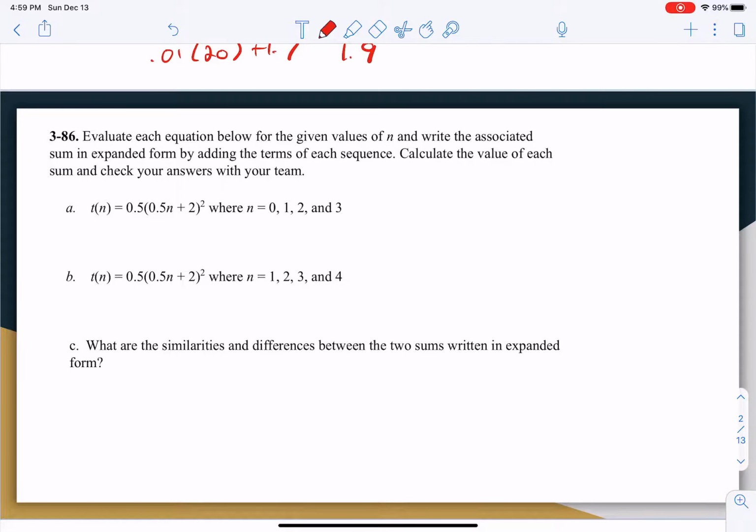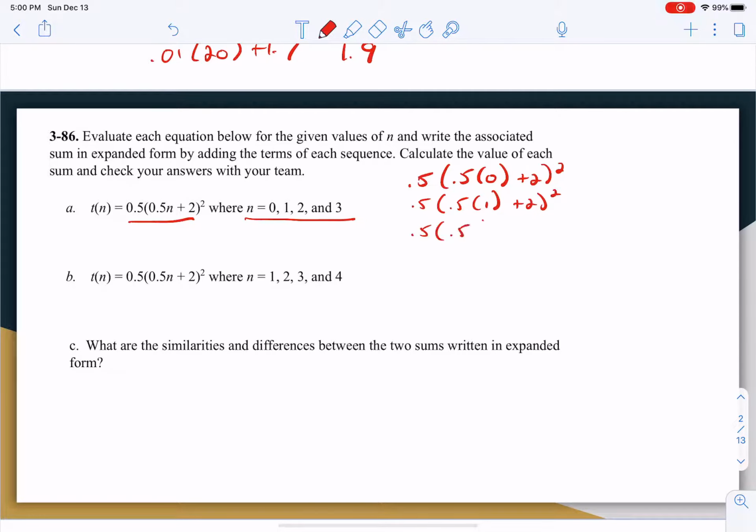So first, looking at sequence notation. If you're given 4 values for n and the rule for the sequence, first you're going to evaluate when n equals 0, and then when n equals 1, when n equals 2, and lastly, when n equals 3.